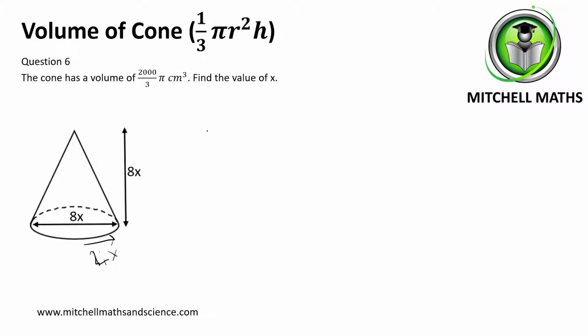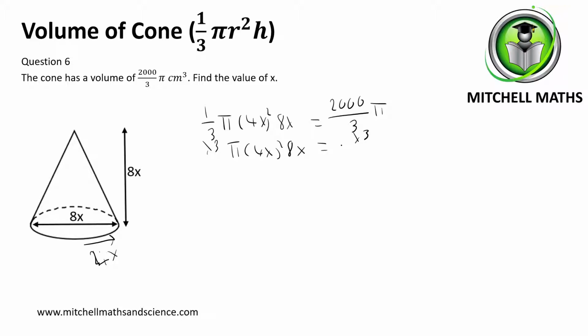Right, I'm going to now write out the formula. So I've got 1/3 times pi times 4x squared times 8x, and that equals 2000 over 3 pi. I'm going to times both sides by 3 to get rid of the fraction.